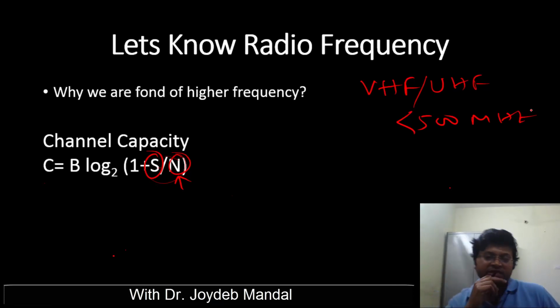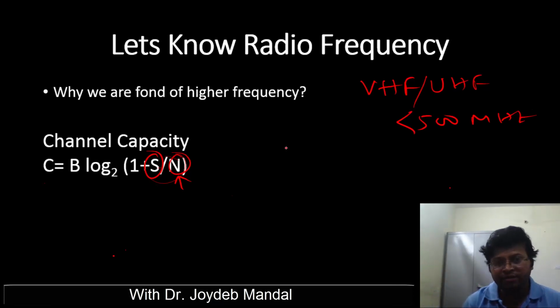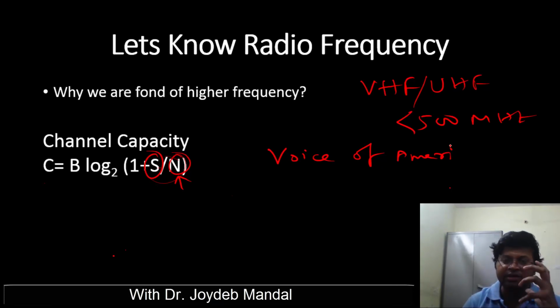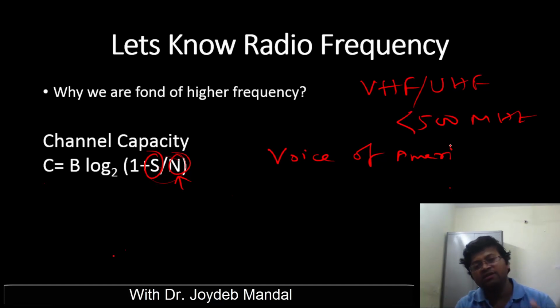In radio communication, there is one channel, Voice of America. In my childhood I have also heard it. Whatever they said from America, we got the signal in India. This is too far, still we get the signal.